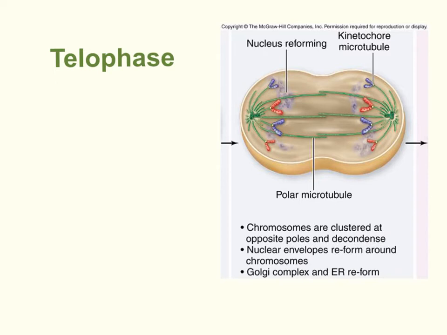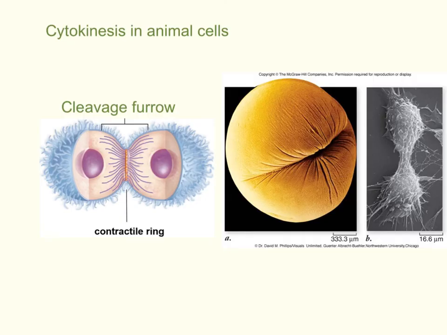Mitosis is now complete. The cell may or may not go through cytokinesis, and cytokinesis may overlap with telophase. Cytokinesis in animal cells begins at the metaphase plate when a contractile ring of actin filaments begins to squeeze, pinching the cell in half.